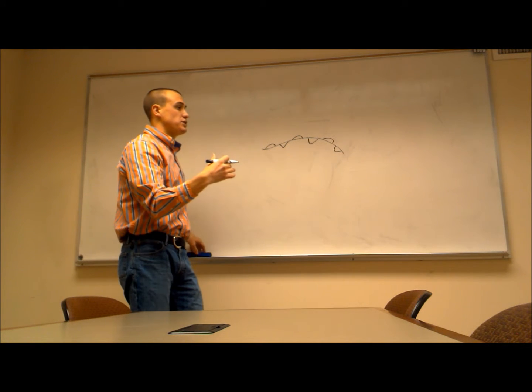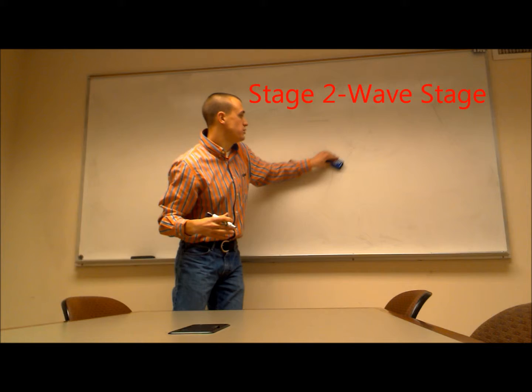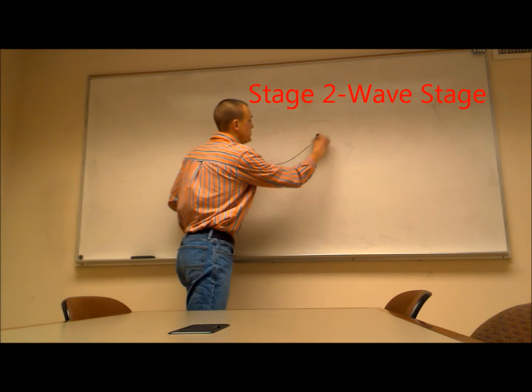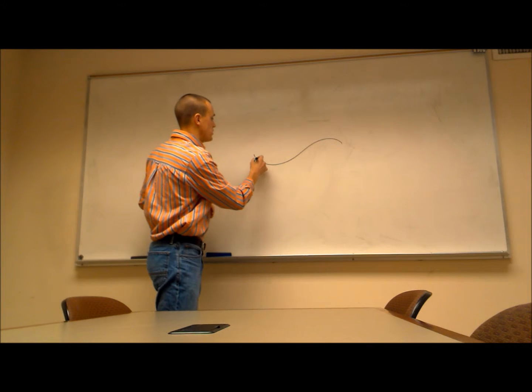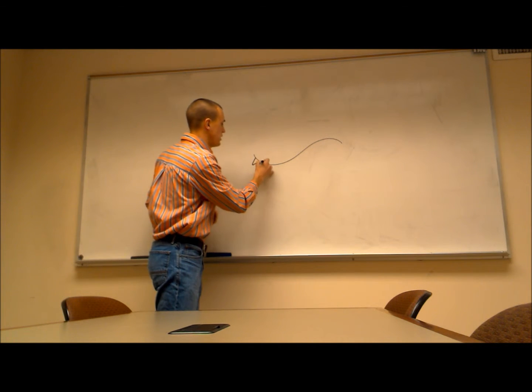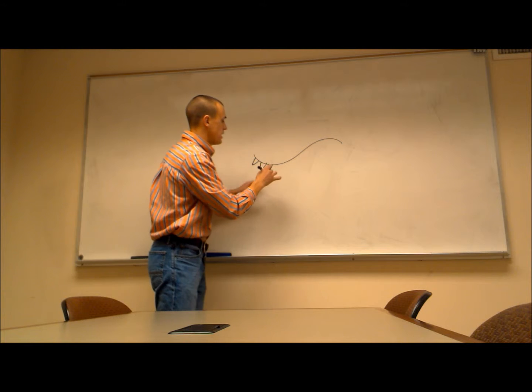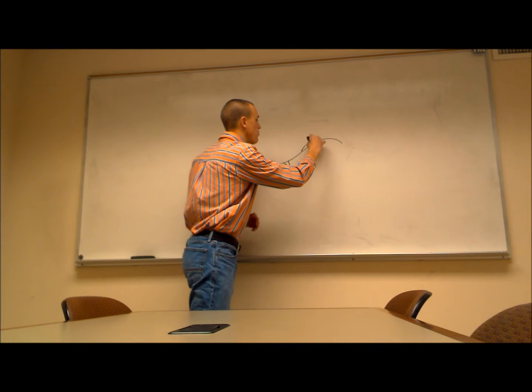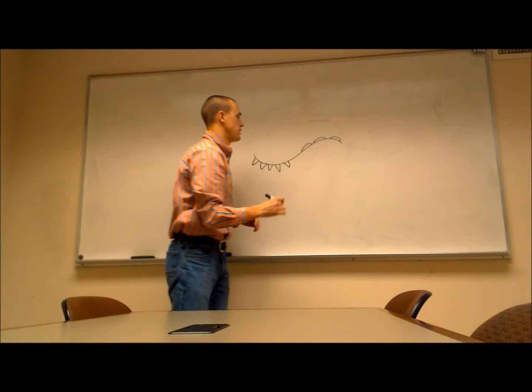Now, the second stage, or the wave stage of the mid-latitude cyclone, is when movement starts to occur. The wave stage on a weather map looks like this. It has the cold front on the left side and the warm front on the right side.